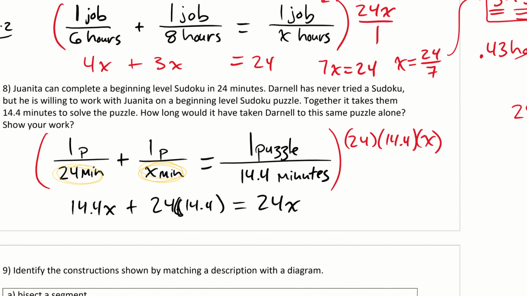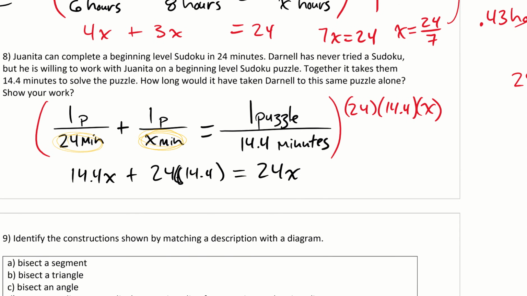Okay, so in order to solve this, I'll just subtract 14.4x from both sides. When I do that, on this side I'm going to get simply 9.6x. And then I'll multiply 24 times 14.4, and when I do that on my calculator, I got 345.6.